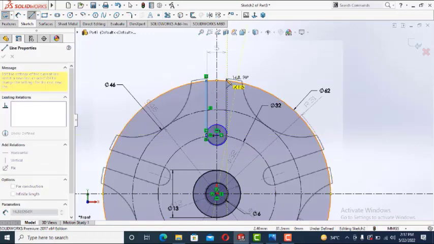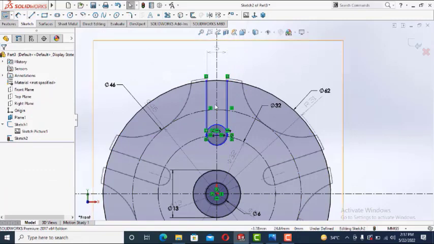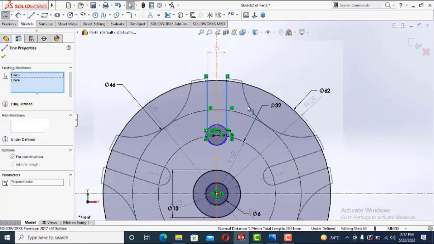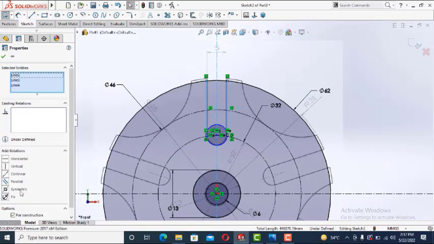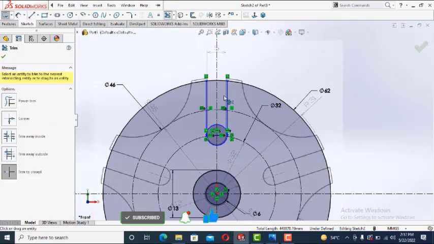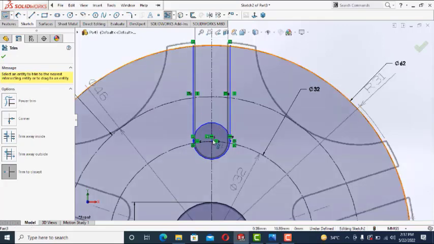Up to here. Now you can see these 2 lines are symmetrical, so we make them symmetrical by selecting with axis and make them symmetric. Now let's trim the unwanted part.